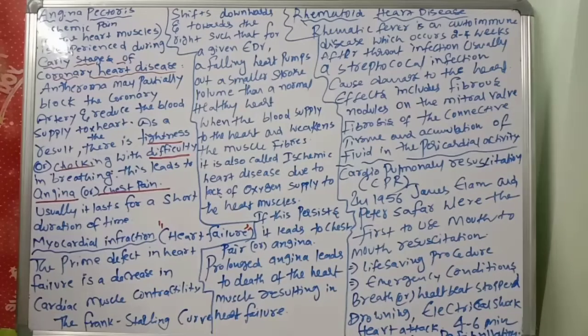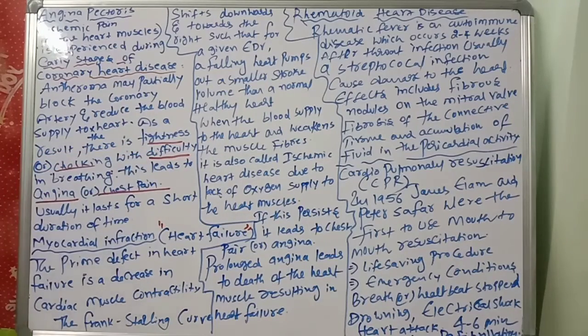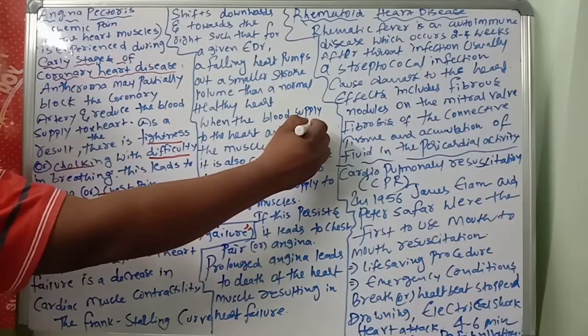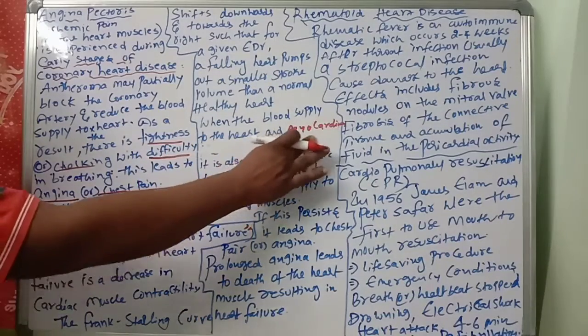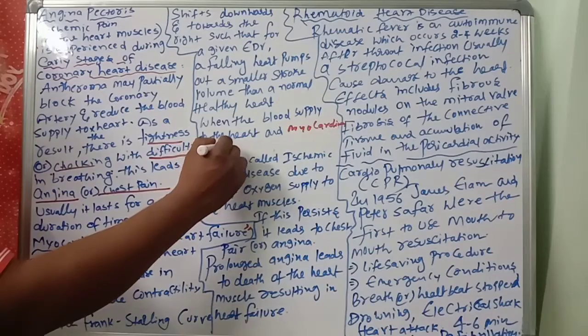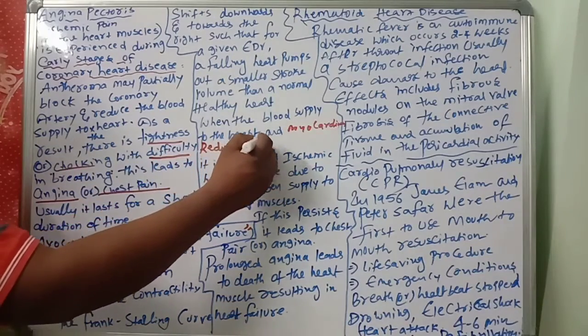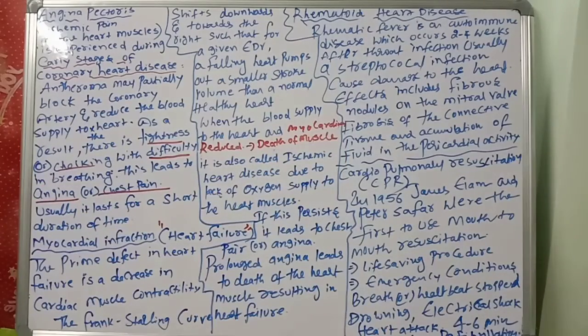When the blood supply to the heart muscle and myocardium is remarkably reduced, this is important, it leads to death of the muscle fibers.